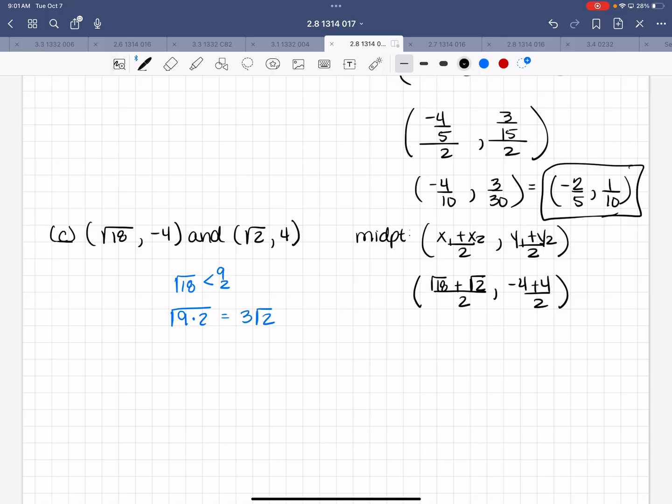That turns back friendly. That's going to give me (3 square roots of 2 plus the square root of 2) divided by 2, with 0. Because negative 4 plus 4 is 0, divided by 2. 3 square roots of 2 plus the square root of 2 is going to give me 4 root 2. So 4 square root 2 over 2. And Iana probably does say 4 root 2.